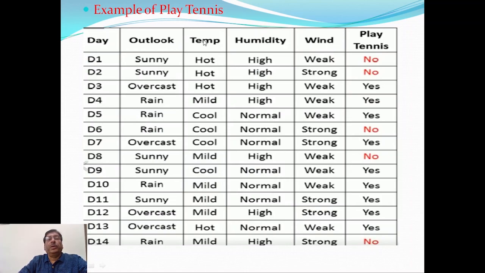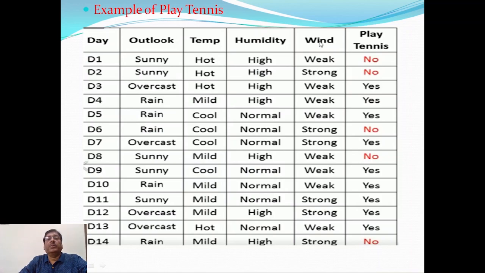Whichever attribute is going to give us more information, there we say the information gain for that attribute is high. So if outlook is going to give me more information, I'll consider it as the root node, otherwise temperature, humidity, or wind, and so on.